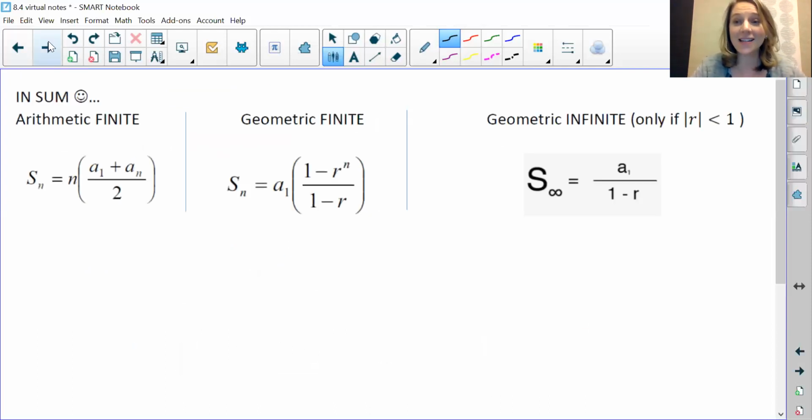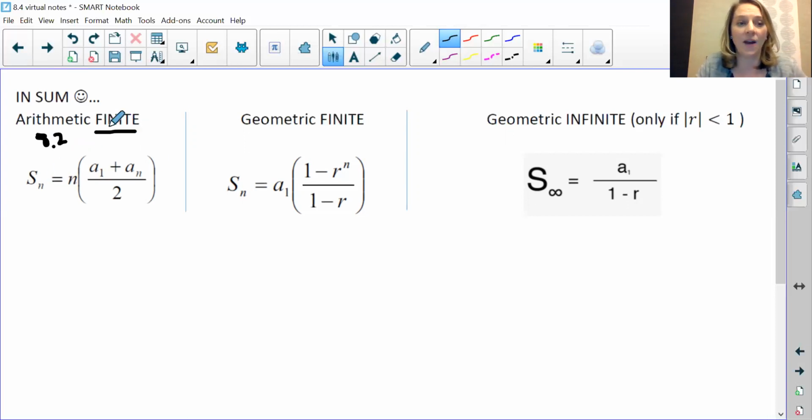All right, so in sum, no pun intended, well, actually pun intended, in sum, we have learned in 8-2 that we have a special arithmetic sequence, and to find the sum of an arithmetic series, we can only do that if it's finite, meaning we find it from one term to another term.